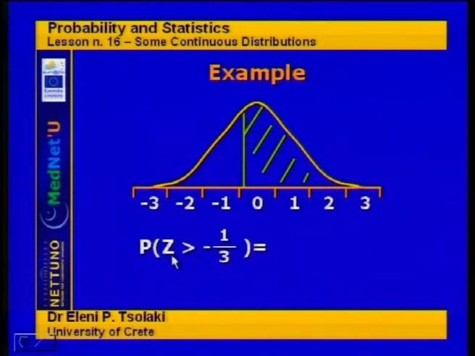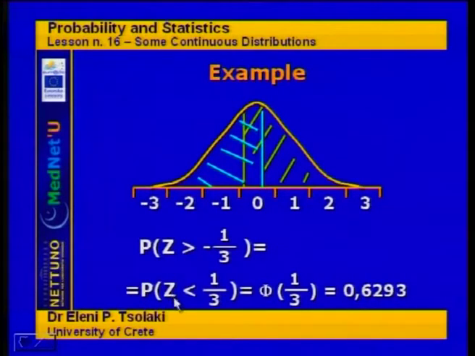We are looking at the probability that z will be in this area, and as we said before, most tables do not give probabilities of z greater than something, and especially here we have a negative number. So we know that from the symmetry of the normal distribution, it's the same as calculating the probability that z is less than 1/3. So it's the same as finding the area here.